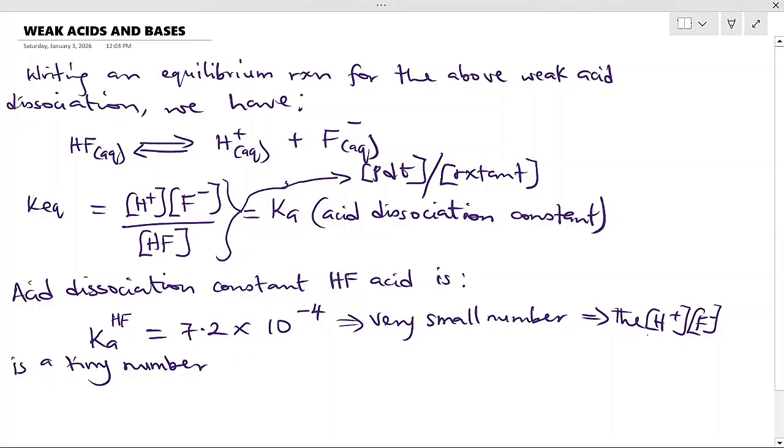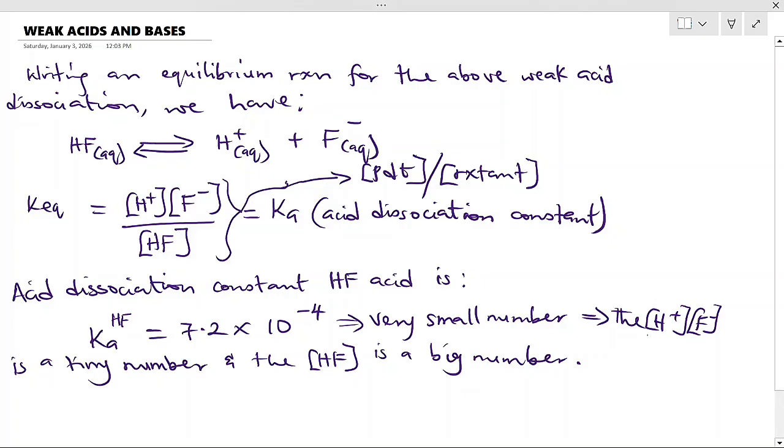And if the product is very tiny, it implies that the reactant, which is the concentration of the hydrofluoric acid, is a huge or a very big number. This further implies that it is a very little HF that actually dissociates to produce the H plus in solution.